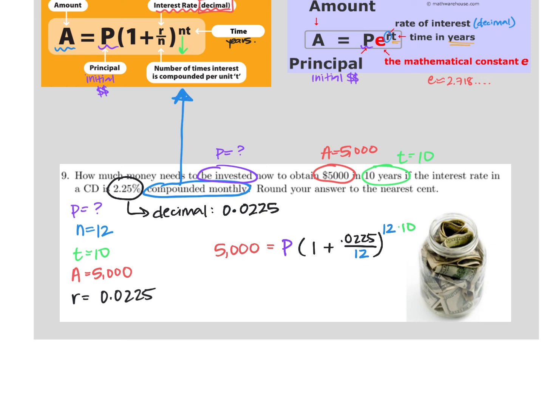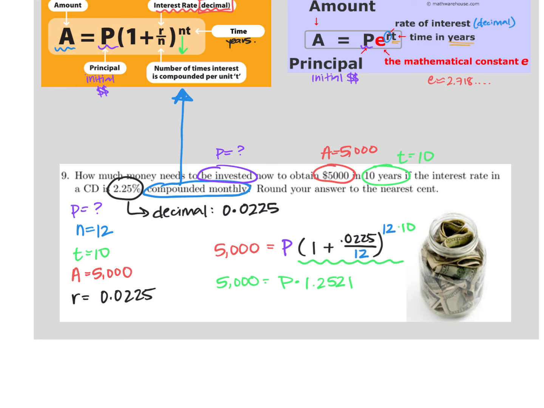So I'm going to simplify this expression over here that's being multiplied by p. And I get 1.252, and I'm going to have to round it there. So I get 5,000 is equal to p times 1.2521 if you want to go to the fourth decimal place.